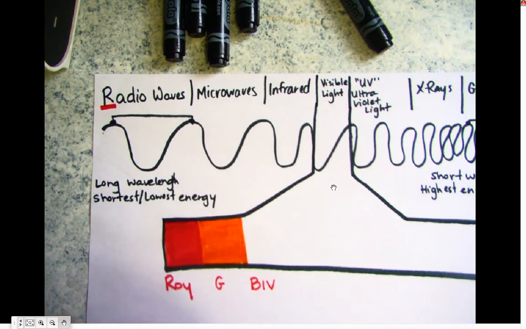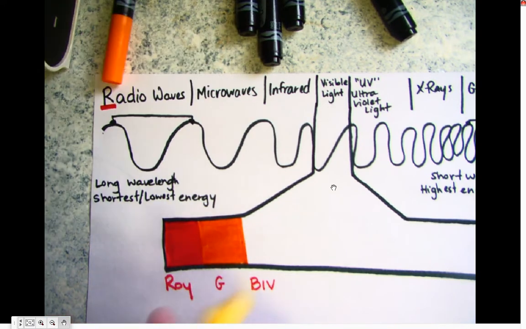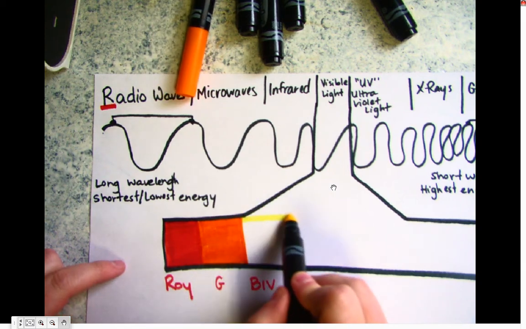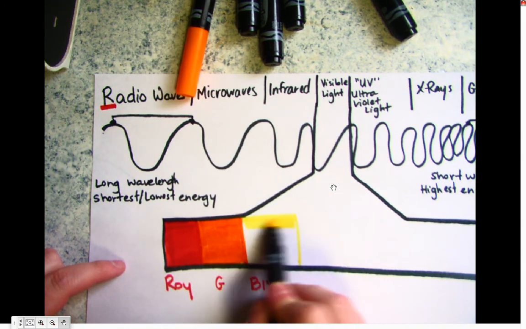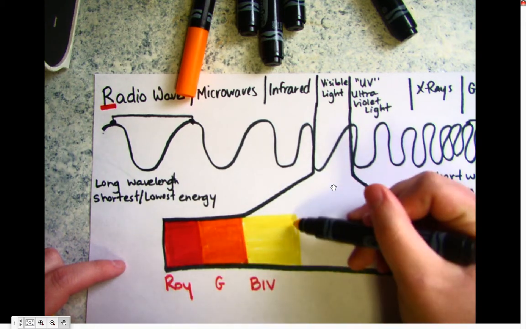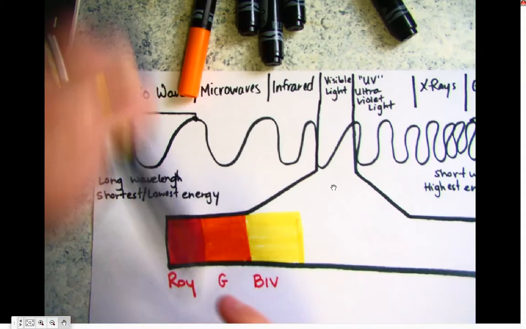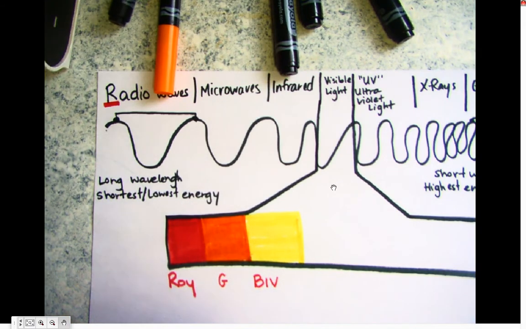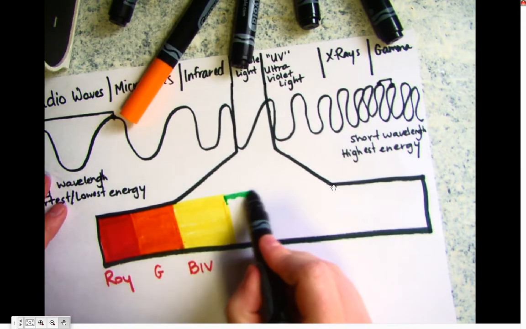What comes next? We've got Y, which is yellow. So that's our Roy. We've got our G, which is green.